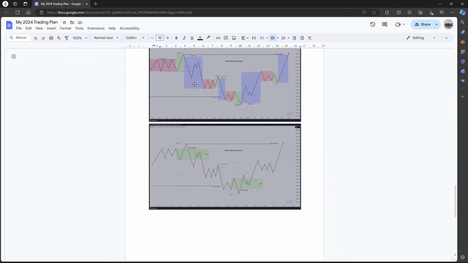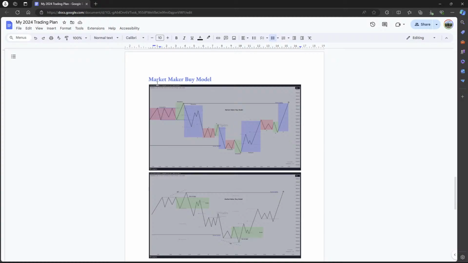Market maker buy model, this is another tool that I use in the arsenal, but this is where I try and frame every single one of my trades. So whenever I'm trying to trade within a market maker buy or sell model. If it's not doing a market maker buy or sell model, then it's getting ready to do one and I'm waiting for it to happen. So all my trades, I try and frame them within a higher time frame market maker buy model. Sometimes it's not there.